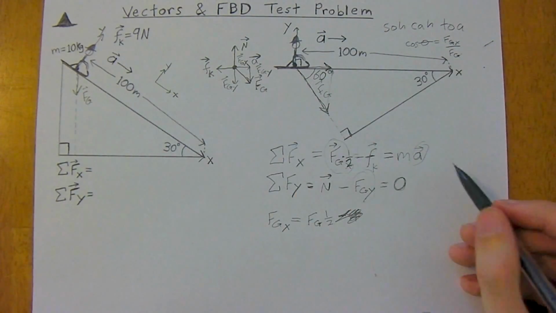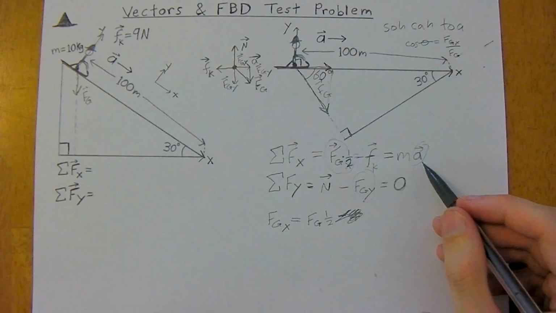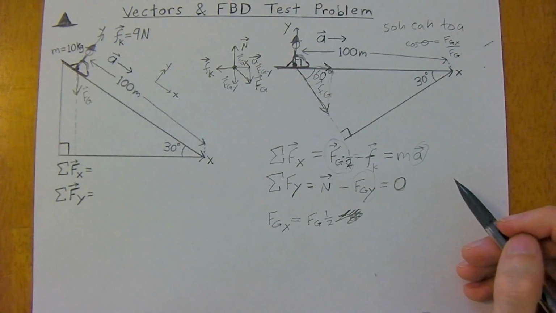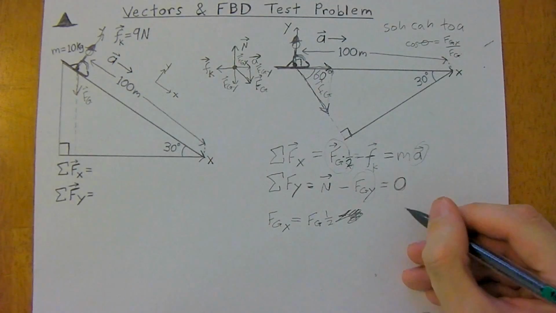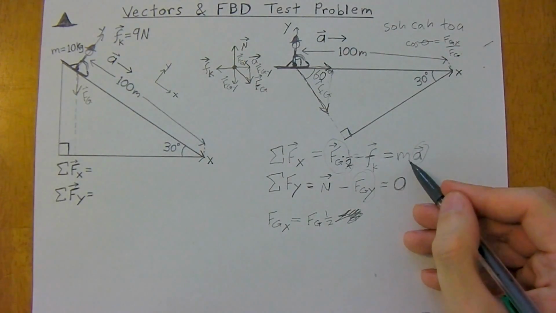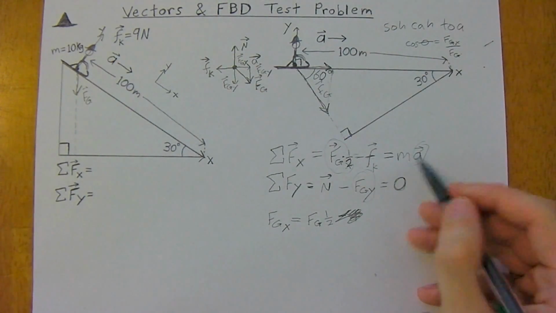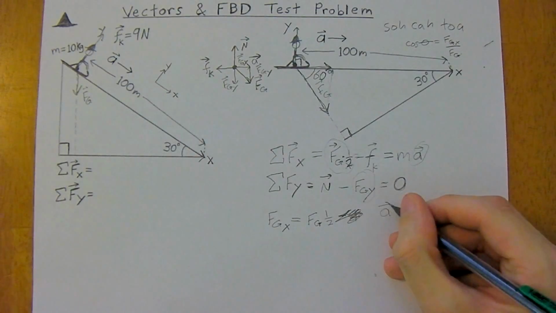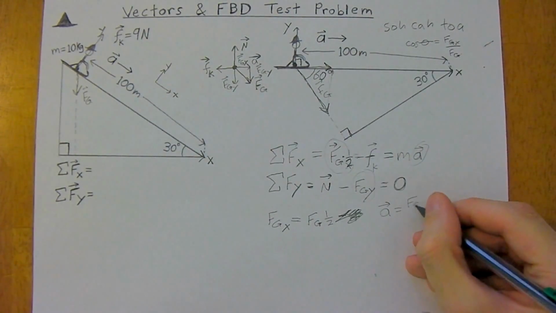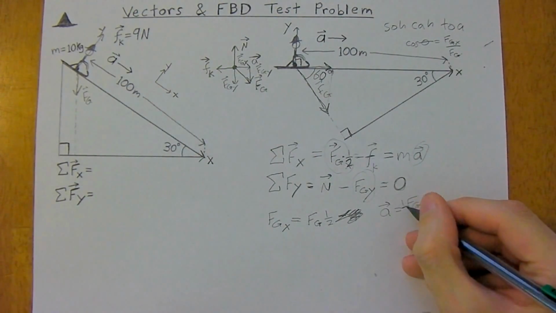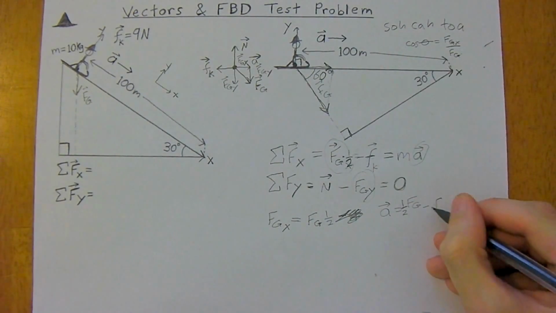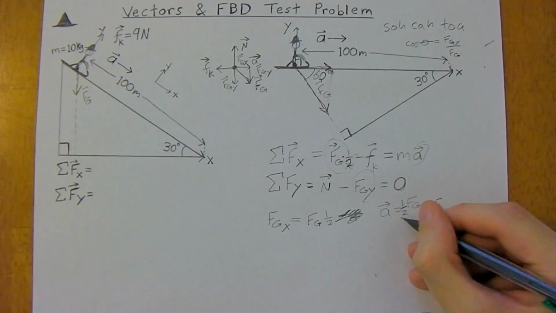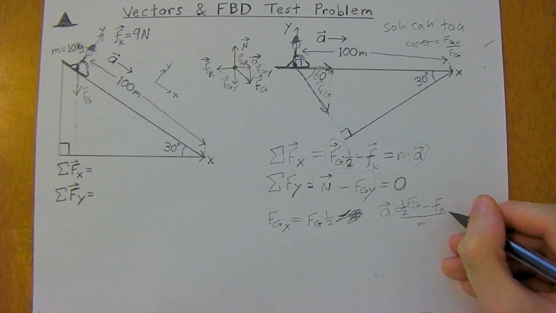And we do have the mass, so we can actually solve for the acceleration now. Along the x-axis, we divide both sides of this equation by mass. So acceleration equals 1/2 force of gravity minus force of kinetic friction, divided by mass.